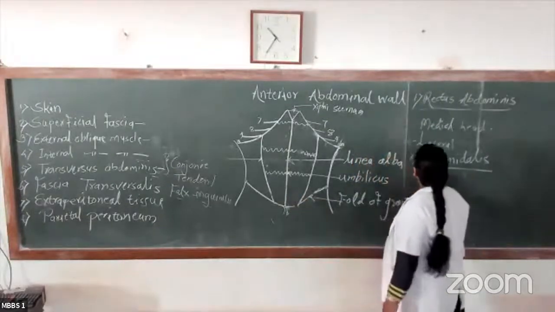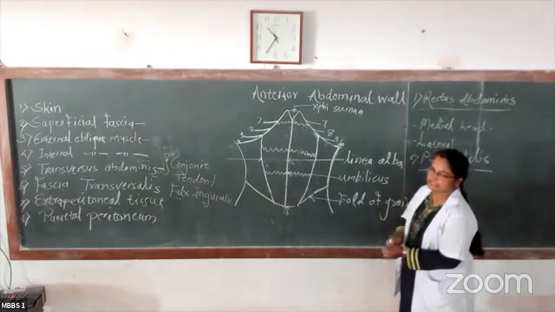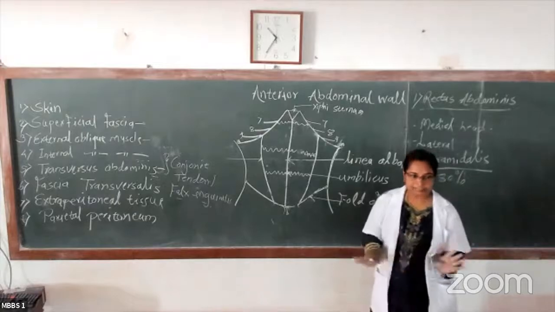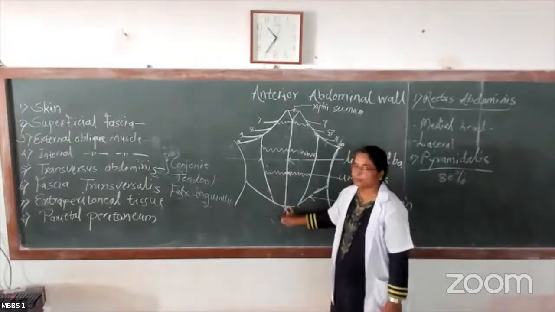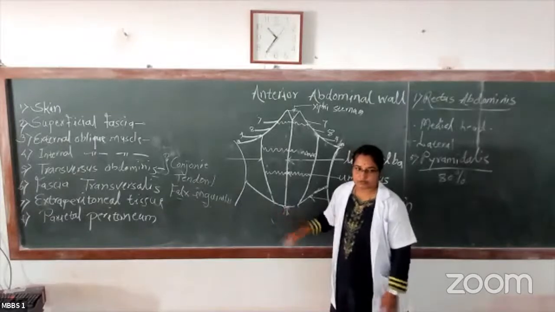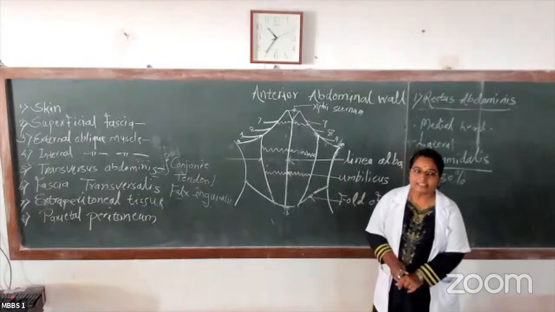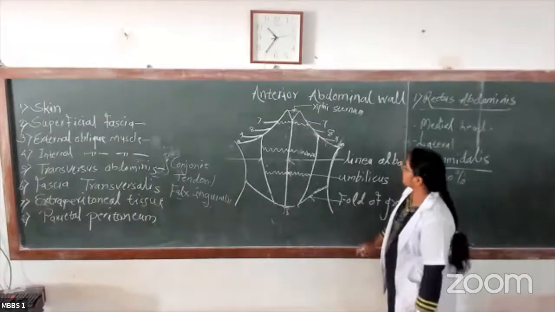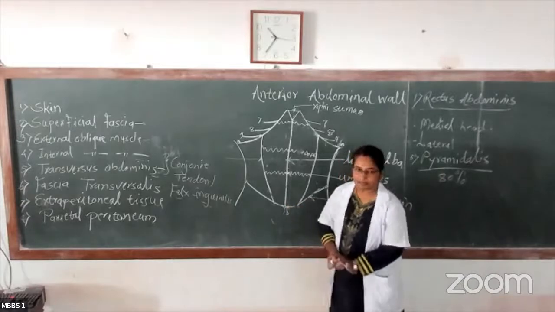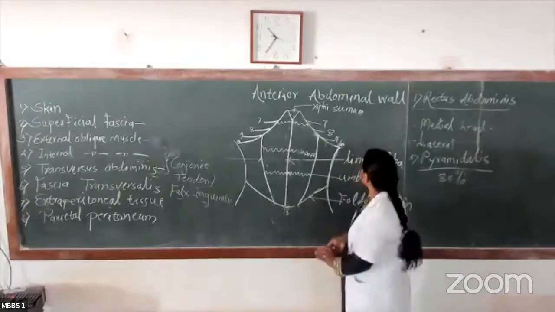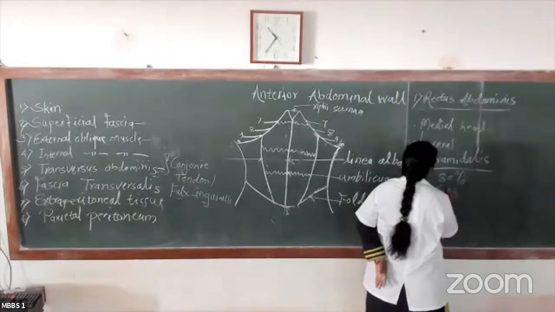It is present in 80% of subjects; in 20% of subjects the pyramidalis is absent. It arises from the body of the pubis and the anterior pubic ligament, and is inserted on the linea alba. This pyramidalis is supplied by the subcostal nerve.